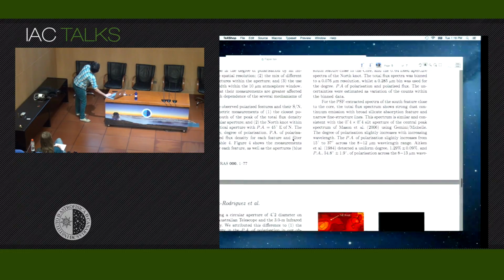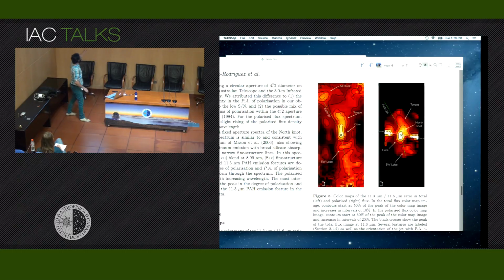So if we subtract the continuum, what we have here is the PAH with the continuum subtracted. And you can see the PAH emission through the tongue and different structures here. And this is the total flux. And in the polarized flux you also see this PAH emission through some part of the core and also in the walls of the north node.